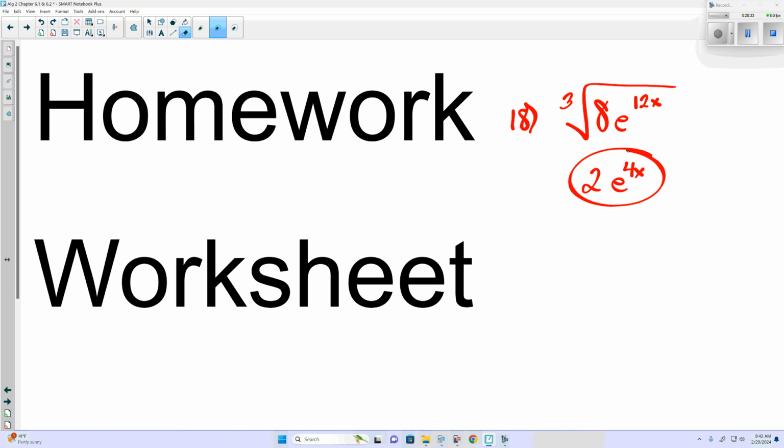So 1 through 4 should have 2 solutions. If it asks for growth or decay, yes. If it doesn't, no reason to give it. Because 5 through 14, 19 through 24 are the only ones that are really asking for that.